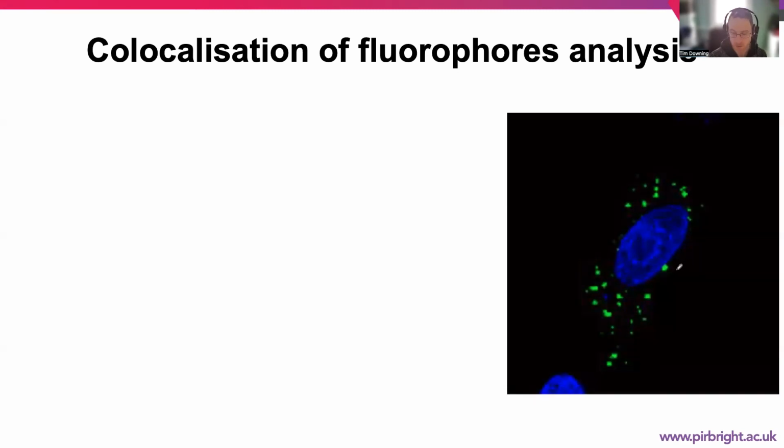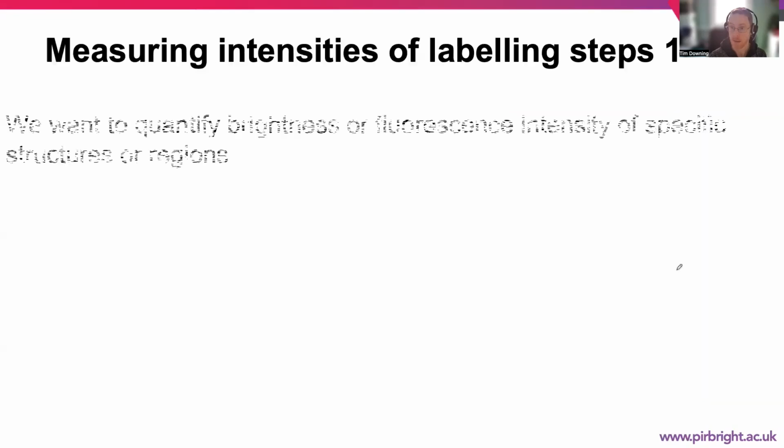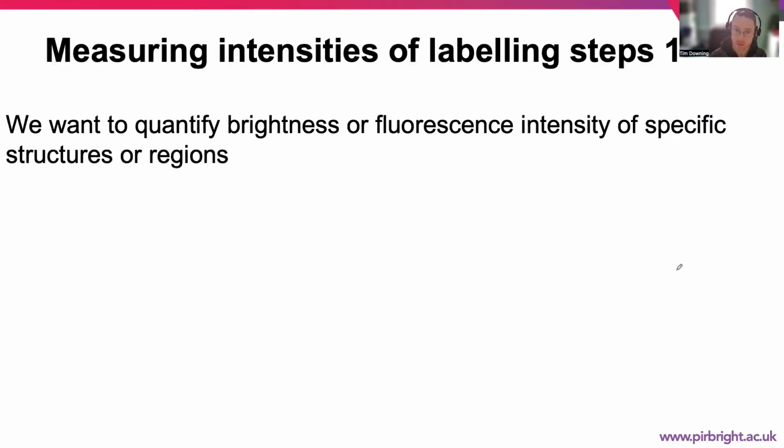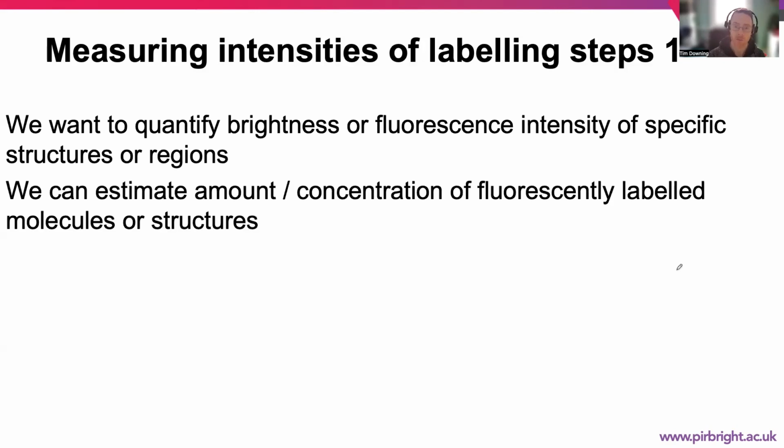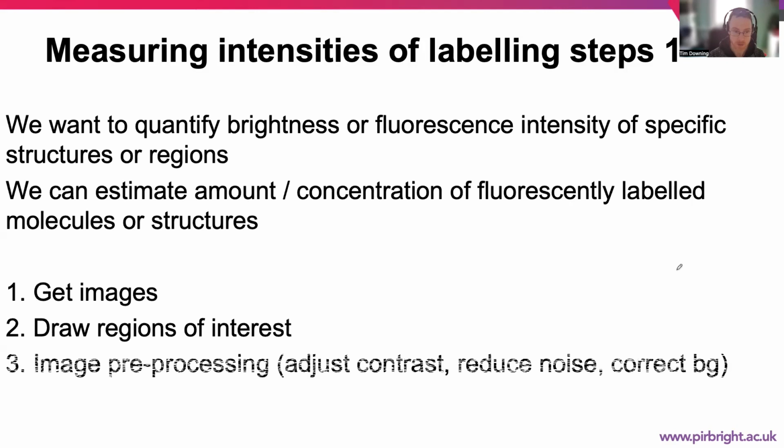So in terms of measuring the intensity of labelings, our steps then are relatively similar. So we have our fluorescence of interest, and therefore we can think about the structures that are present. So we want to get our images, identify the regions of interest, pre-process the image using contrast, reducing noise, correcting the background.